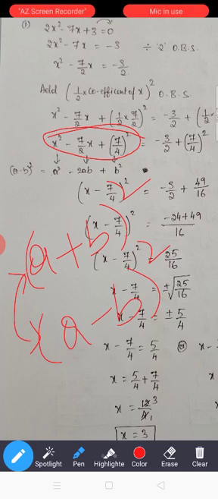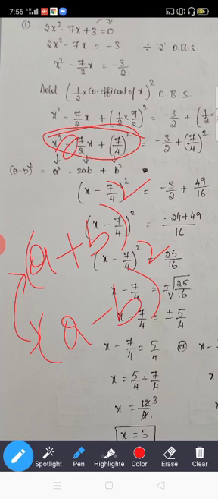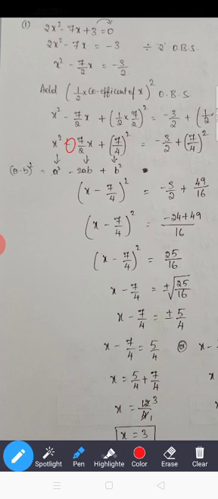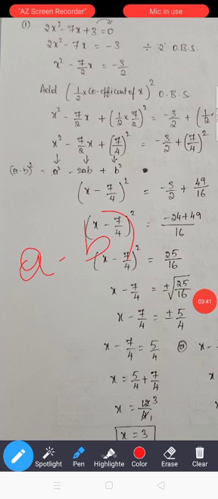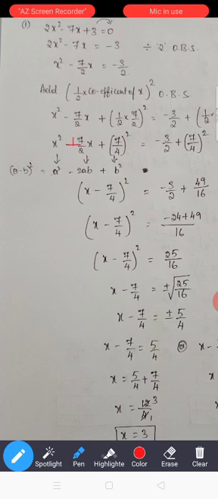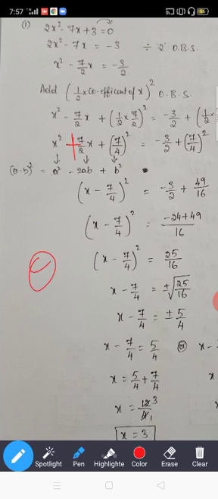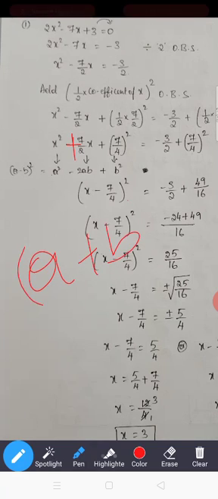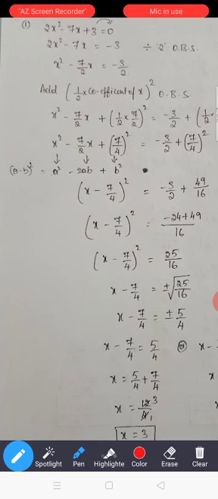Quite simple, check the sign. If there is a negative in between, it is a minus b whole square. If there is a positive over there, it will be a plus b whole square. That's it, quite simple, you can remember like that.